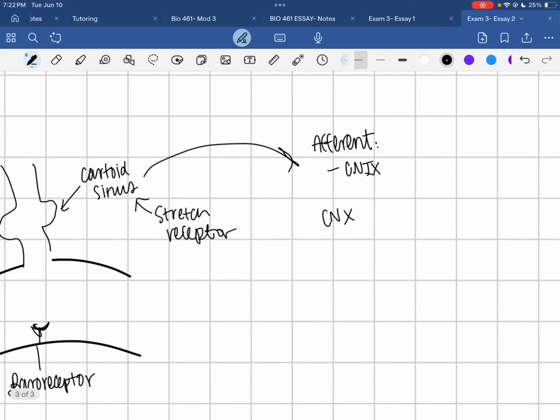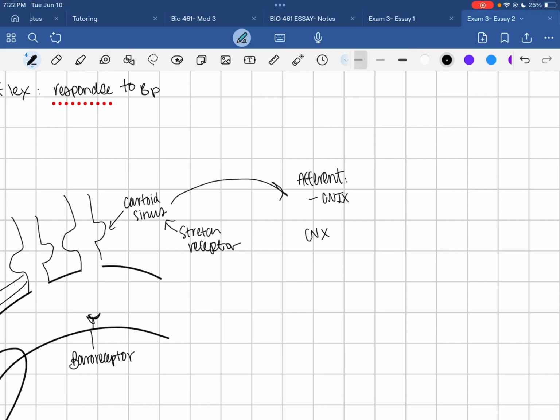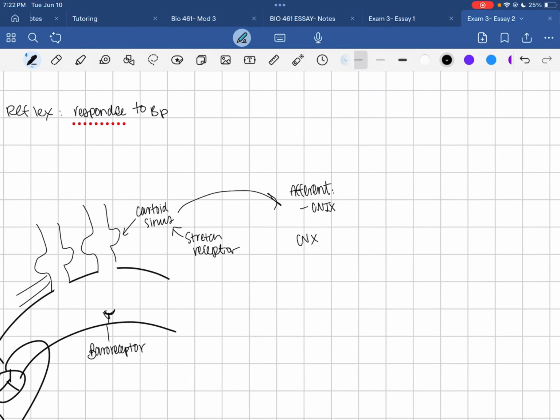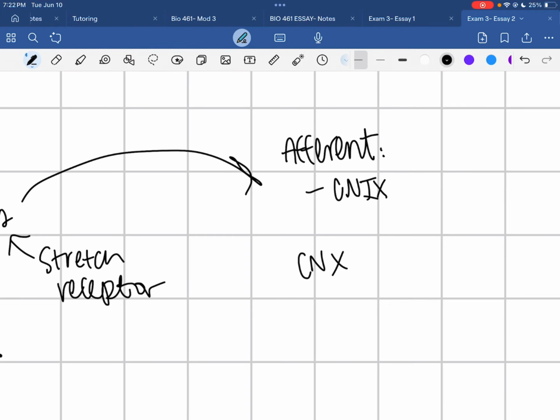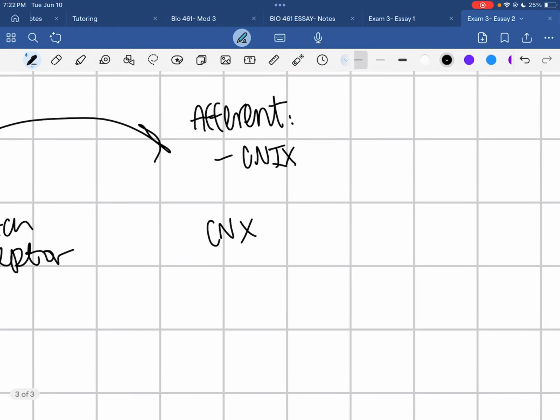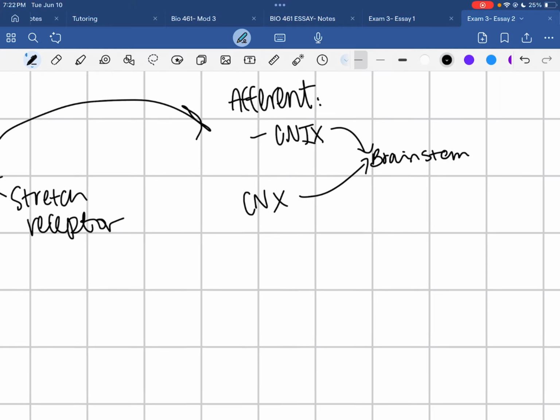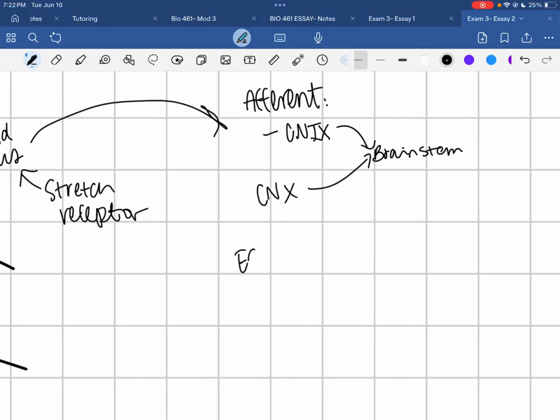Then we also have cranial nerve X, which is our vagus nerve, from the aortic arch. And then these are going to our brain stem.